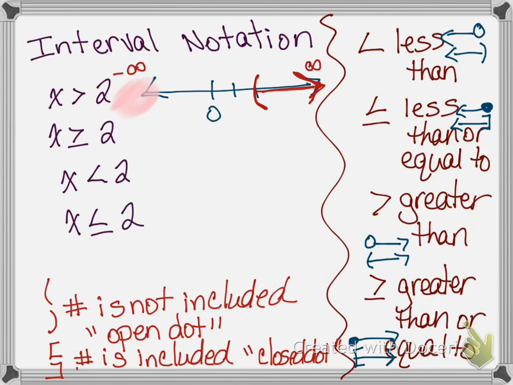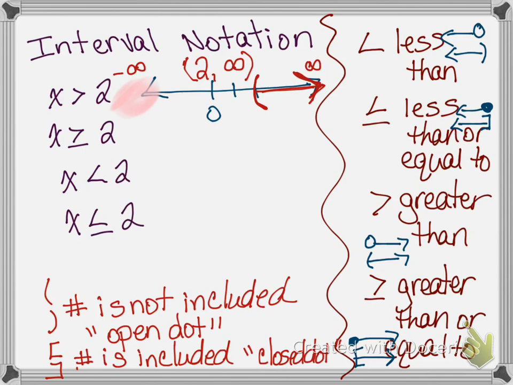So my number starts right here at 2. It is a parenthesis because 2 is not included. And I'm going all the way to positive infinity. So this right here is my graph of x is greater than 2.